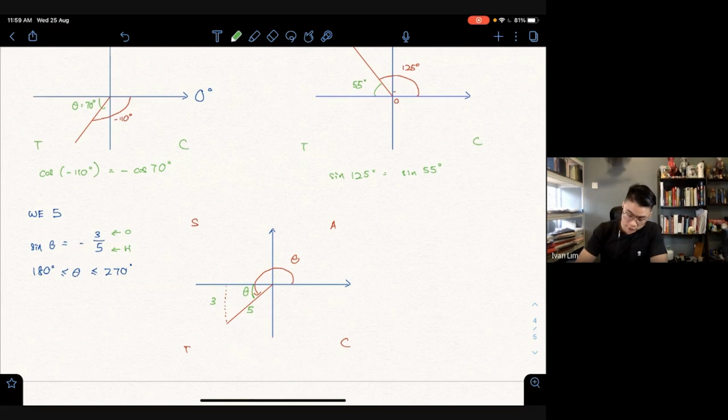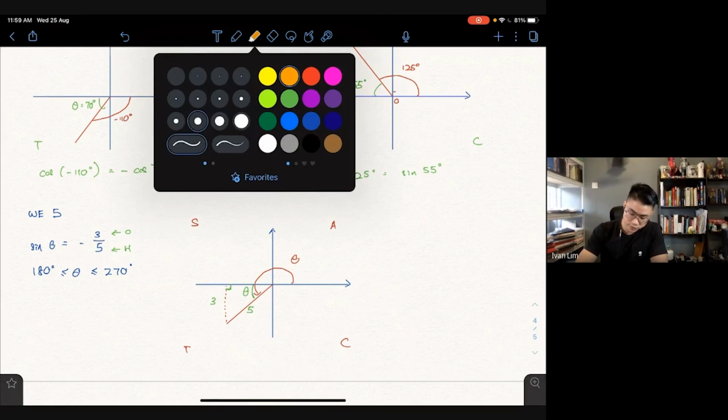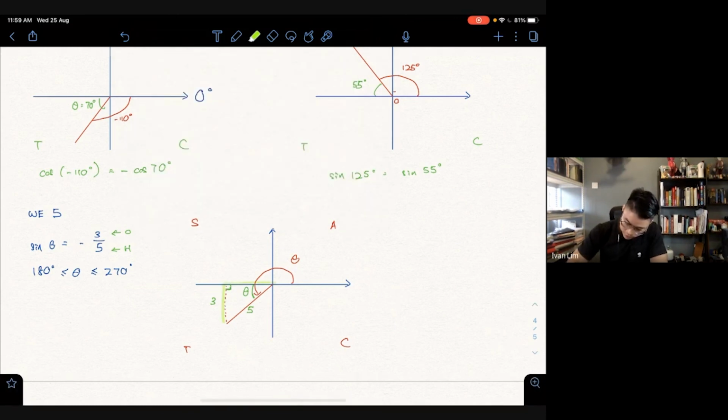We are now looking at this specific triangle here. To find the value, if I got 5 as my hypotenuse, one side is 3, the other will be the square root of 5 squared minus 3 squared, which will give you 4.